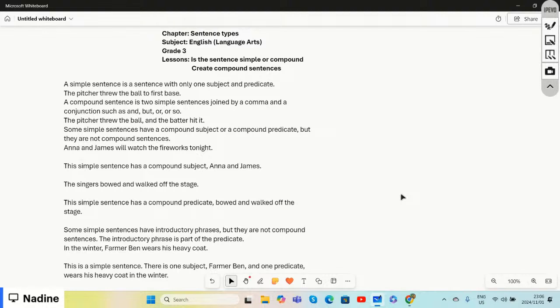And the lessons that we are going to be focusing on today under the chapter of sentence types are: is a sentence simple or is it compound, and we're going to create compound sentences.